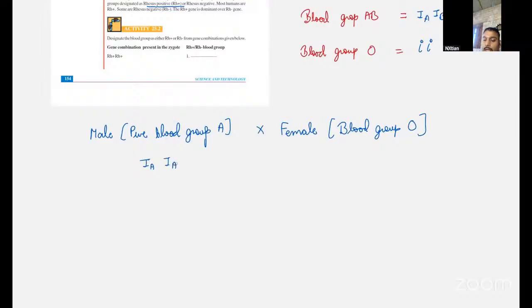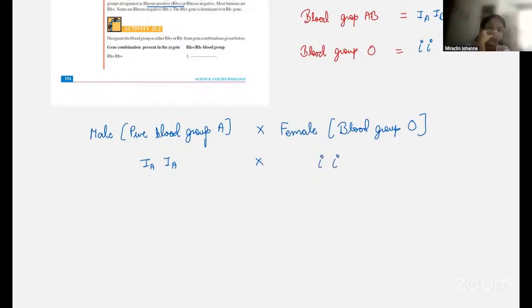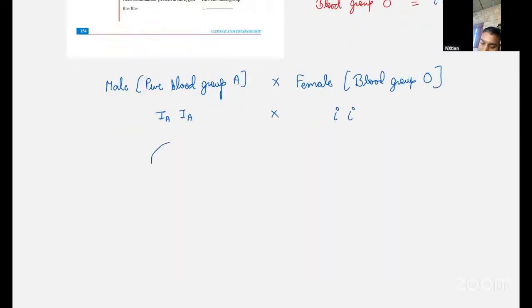Got it? Now, if a person, like the female, has an O blood group, what will be the possible allele? Small i and small i. So if I make it, it is going to look like this.